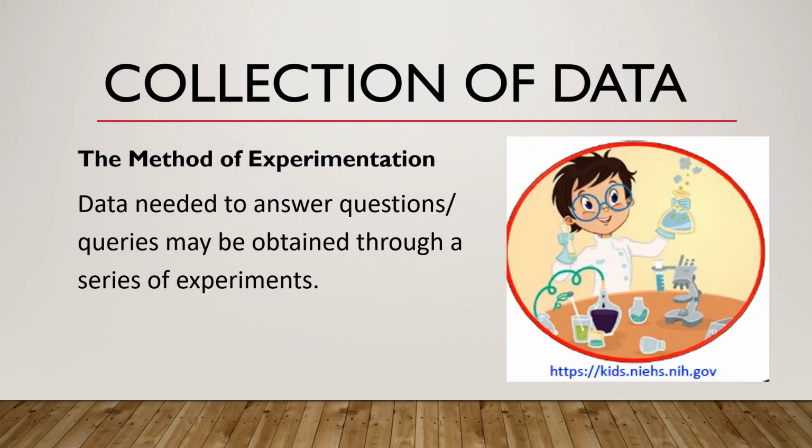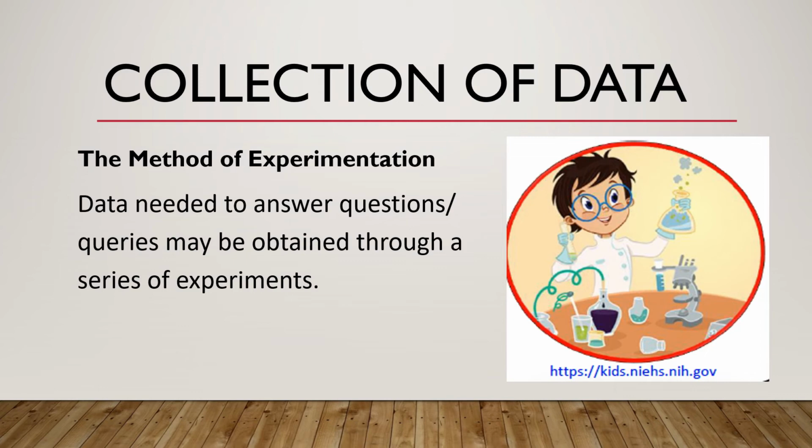And the last method of collecting data is the method of experimentation. So this is what we do in science. Almost the same with the observation method. So here, data needed to answer questions or queries may be obtained through a series of experiments.